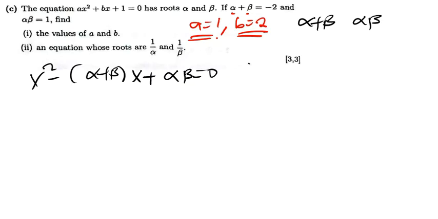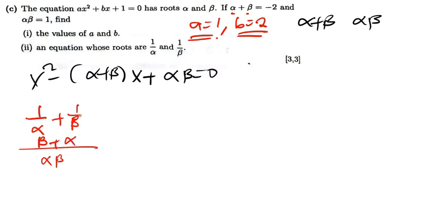So first, for me to find the sum, we're adding. So it's 1 over alpha plus 1 over beta. So you find the common denominator, which is alpha times beta. So alpha and alpha will cancel out, I'll have beta. Beta into alpha times beta, beta and beta will cancel, I'll have alpha.